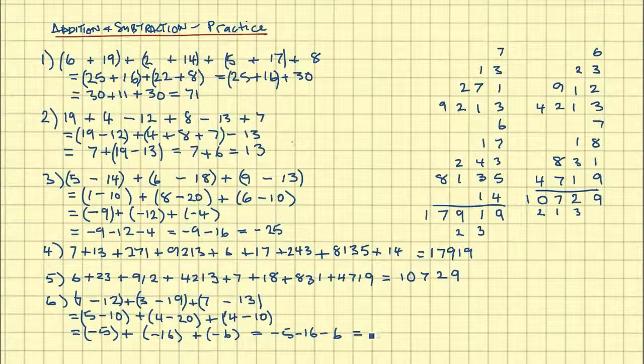And yeah, let's rearrange that. So we've got negative 16, put that larger negative in first place here, subtract 11, and then negative 16, subtract negative 11. Well, 16 plus 11 is 27, so it's negative 27. Okay, I hope that's given you some ideas for practicing addition and subtraction.